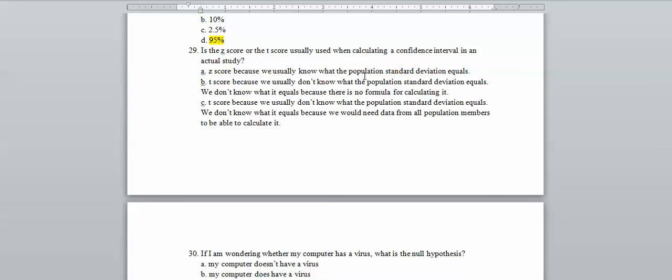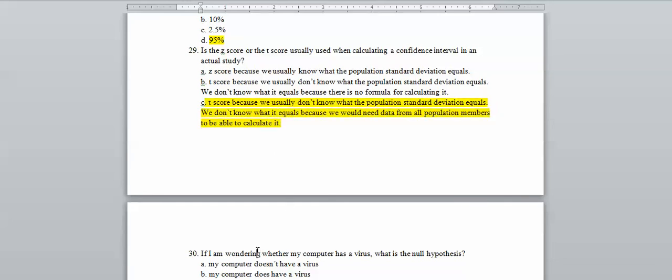No population value can be calculated in a real study, which means we don't know what the population standard deviation equals, because if we wanted to calculate it, we would have to have data from all population members, which we don't have. Since we don't have data from all population members, and we can't calculate the population standard deviation, we use a t-score, which means that C is the correct answer.